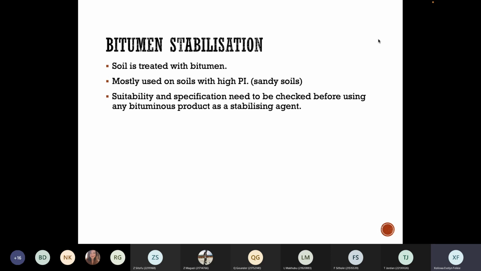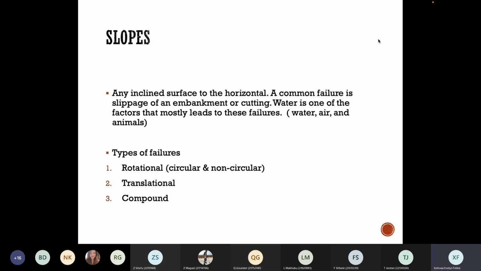So here you really need to look at the specification, because if you don't get the specification right, it means that you might treat it, but it might not give you the results. Therefore, that's why they say focus on the specifications.